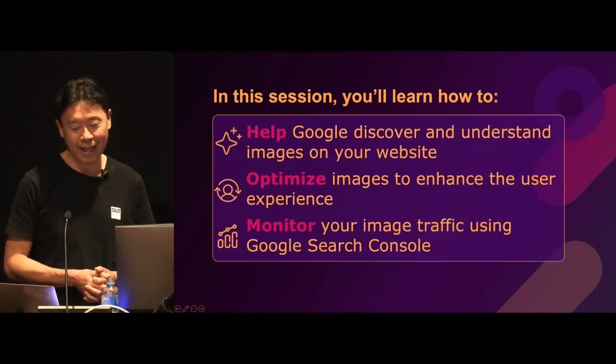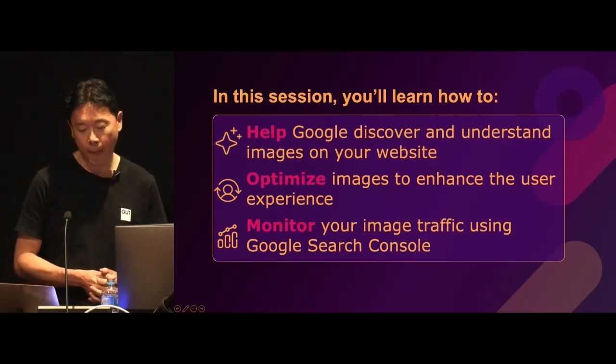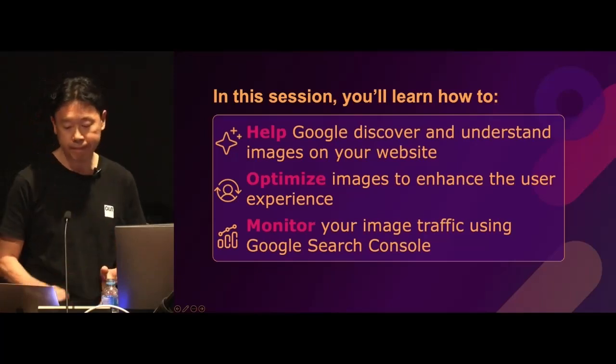We'll look at techniques to make your images load faster and look their best, which will keep your visitors happy and engaged. Finally, we'll examine how to monitor your image traffic using Google Search Console. This will help you track and see how your images are performing in search results.